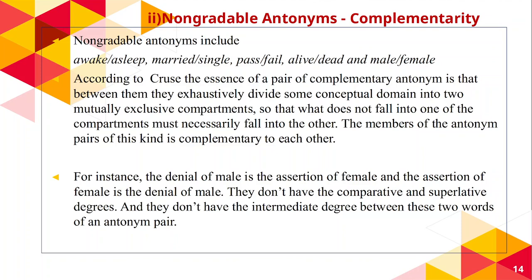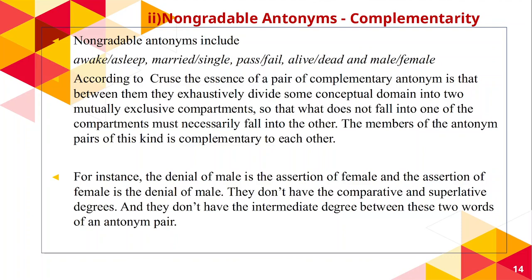So if you take the example, if you say someone is a female, that means you are denying that she is a male. The denial of male is the assertion of female, and the assertion of female is the denial of male. If you say she is a woman, she is female, it means she is not male.